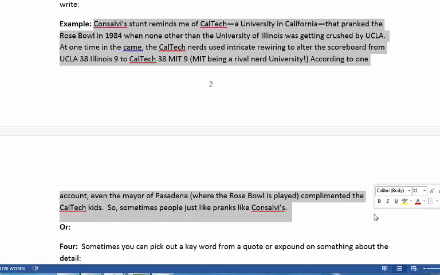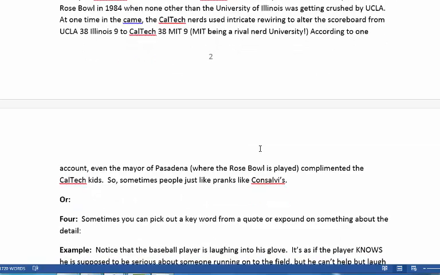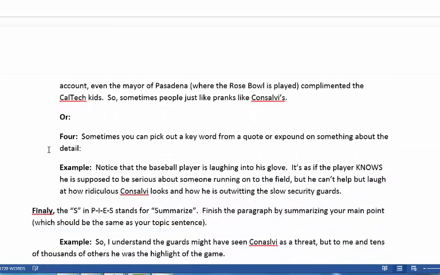So sometimes people like pranks like Consalvi's and these kids back in 1984. Do you see how there I'm actually making a connection to something else? It was an event that had happened, and I made a connection to it. Other things you can connect back to would be movies, books you've read, articles you've read, facts you know. So there's lots of different ways to explain. Sometimes connecting to something else is one way to do it.